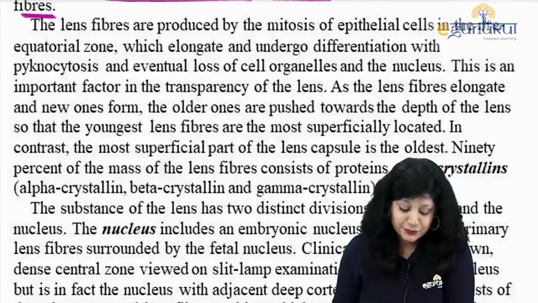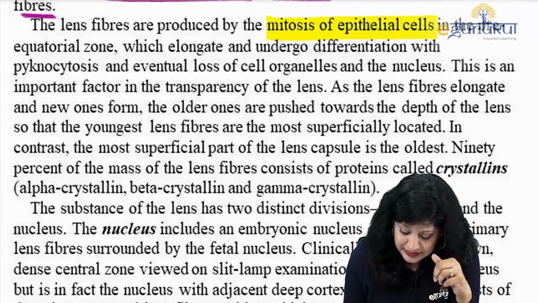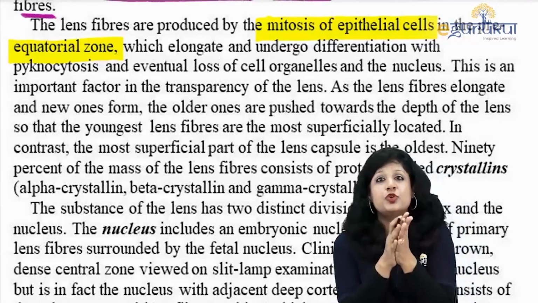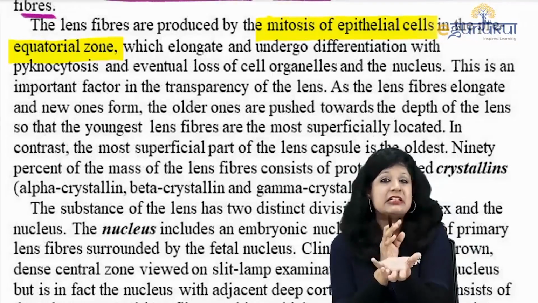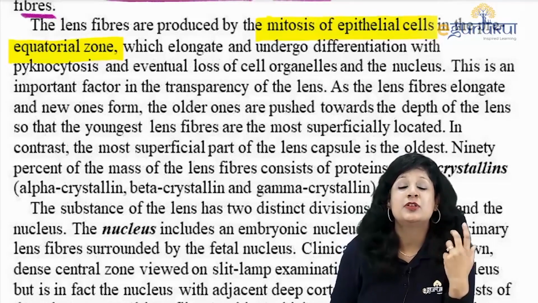Now we have got the lens fibers. Lens fibers are produced by the mitosis of the epithelial cells in the pre-equatorial zone. So whatever epithelial cells are present in the pre-equatorial zone, they are responsible for formation of the lens fibers.